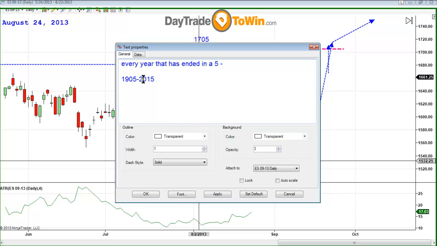So if you're looking for a large move to occur, 2015. And I invite you to go back in history, as much data as you can find. Look at 1985, 1995, 2005, and prior. It's 100% accurate. All right?